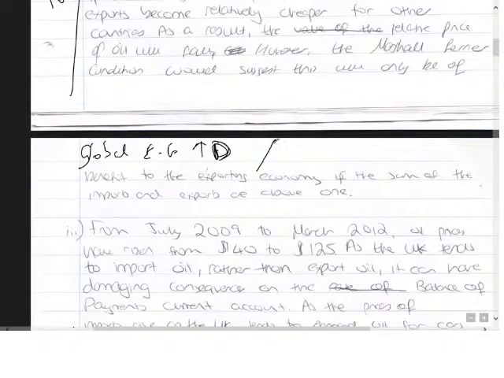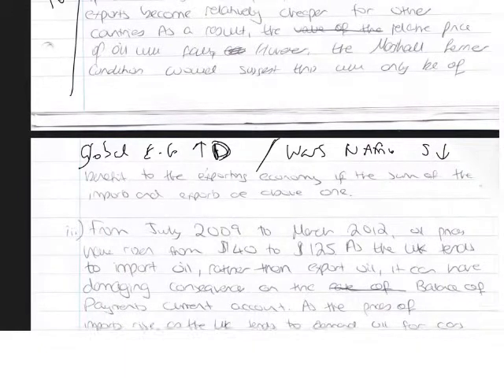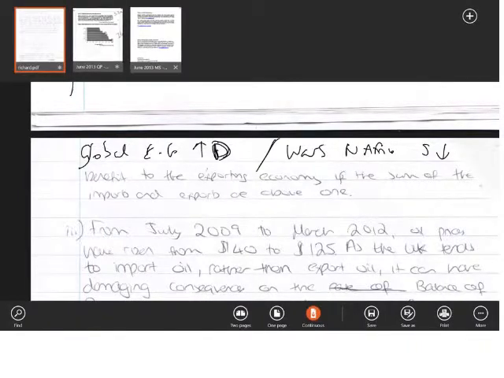You could also talk about things like wars in the areas of the world, so North Africa or the Middle East, which would reduce the supply of oil, and that would lift the price as well. There's a few marks on that question for application, but it's the specific of that question in terms of the world impact.